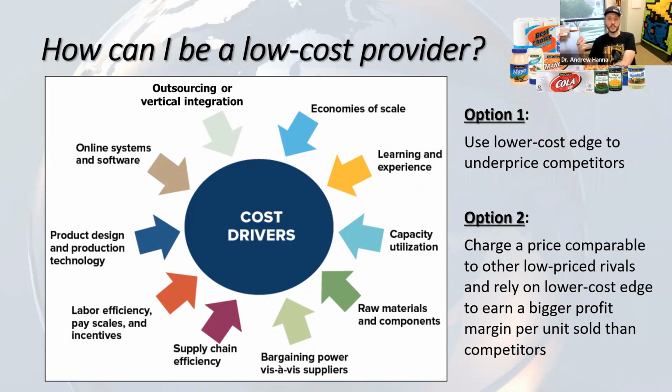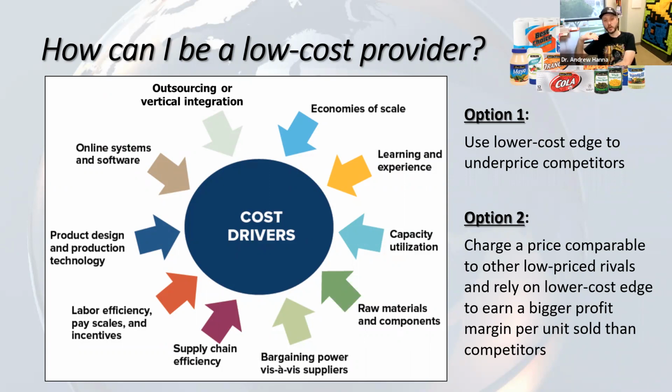So essentially what we're looking for here as a low cost provider is how can we create a lower cost edge so that we can underprice our competitors, or our second option, we could charge that same price, right?